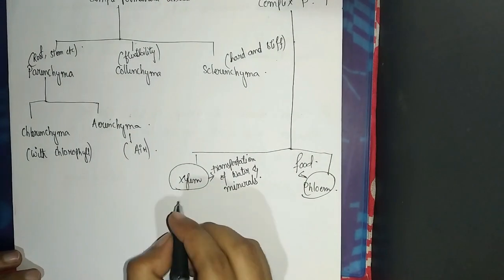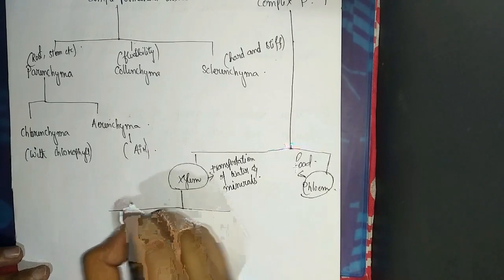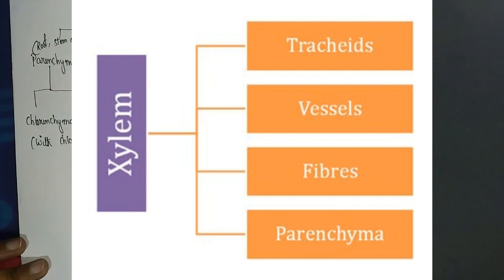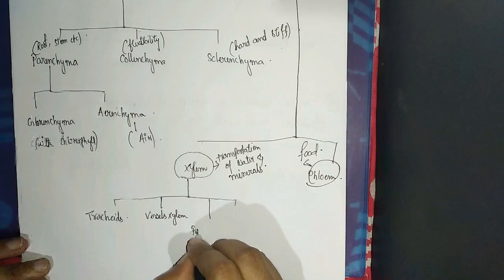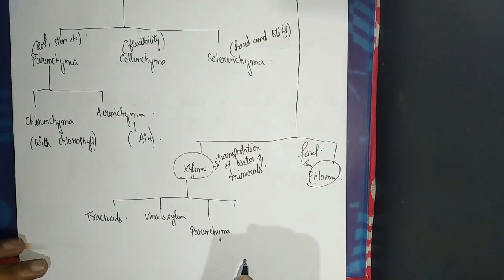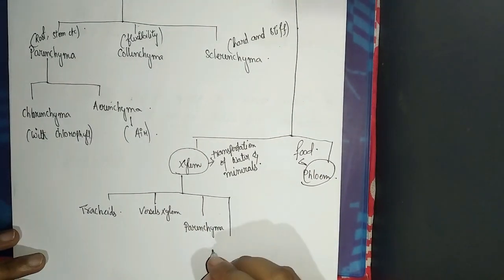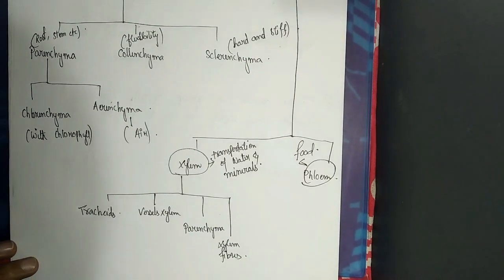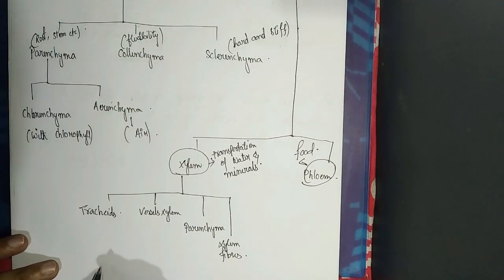And this xylem is again made up of four different types of elements, that is tracheid, vessels, xylem parenchyma, and xylem fibers. So tracheids, vessels and xylem parenchyma are living cells and the xylem fibers are dead cells. So these are the four elements present in the xylem.